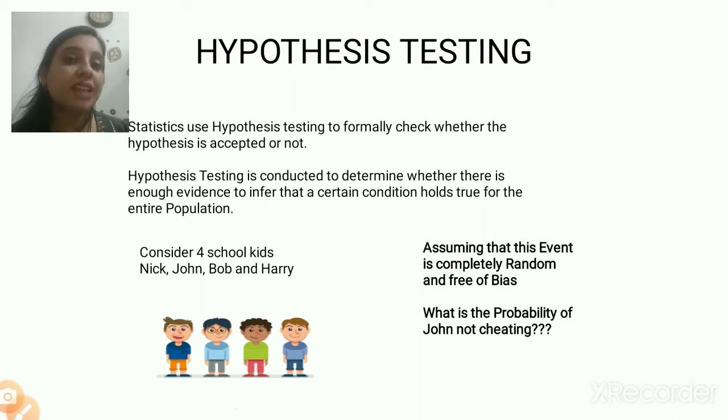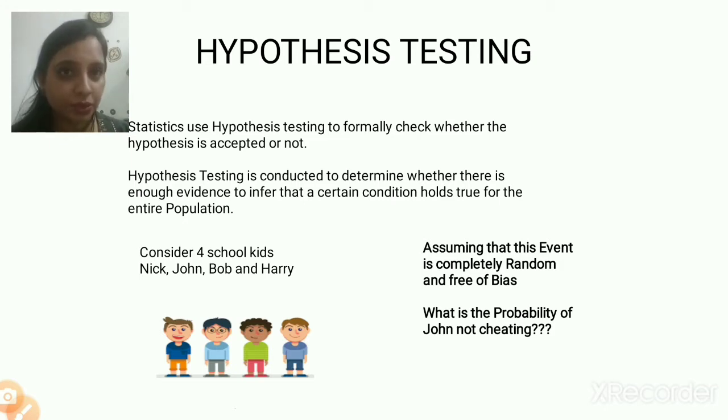Before starting the hypothesis testing, we assume that the event is completely random. That is, it is by chance that John's name is not picked. And second, it is free of bias. Free of bias here means that John is not cheating, and his name is not picked simply because of his luck.